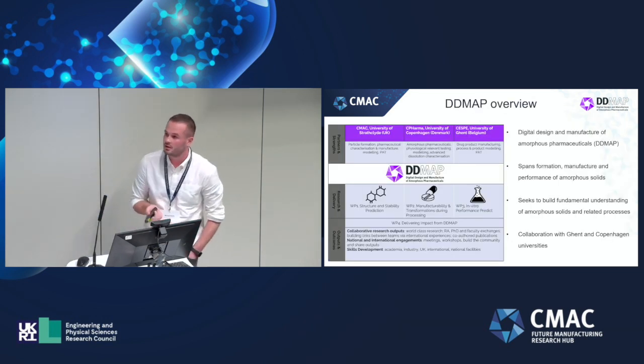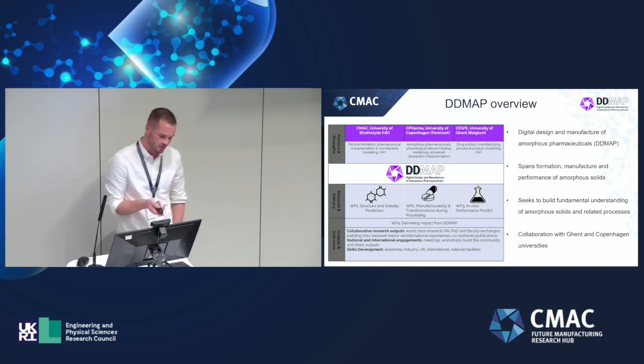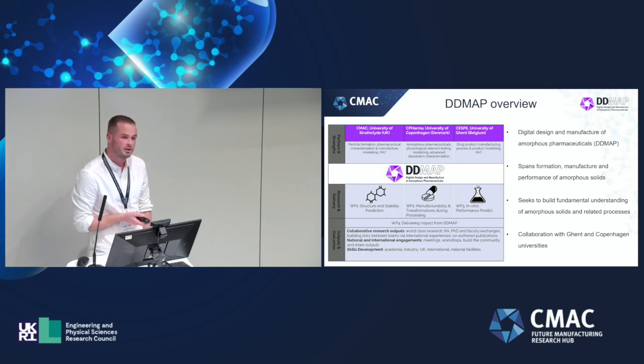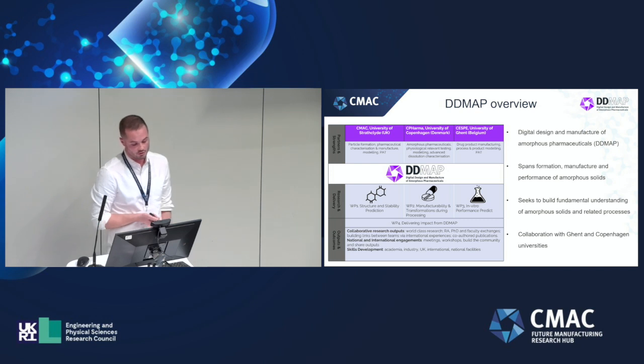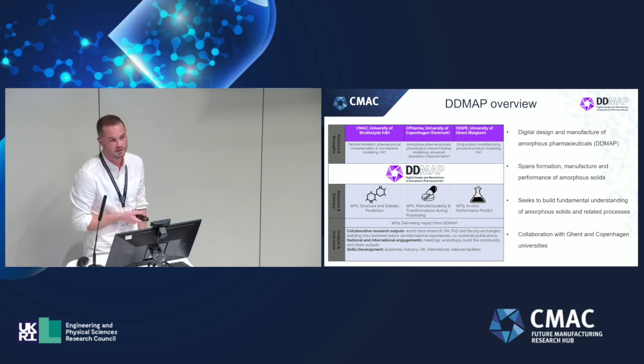So DDMAP is a 3-year project spanning across Strathclyde, Ghent and Copenhagen universities, and it seeks to develop, underpin and understand the amorphous materials from formation, manufacture through to performance. So as I say, there's 3 parts. Work package 1, which is structure and stability protection. Work package 2, which is looking at hot melt extrusion and transformations during processing, looking at first time manufacturing.